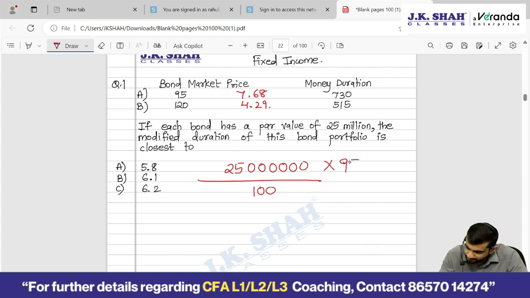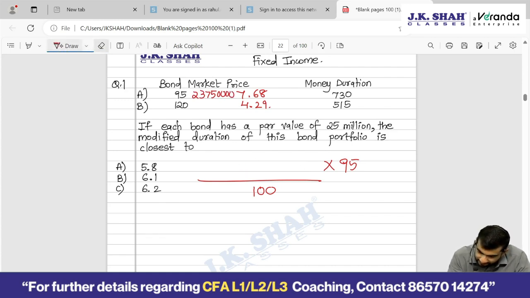The number of bonds times market price will give me the total market value of bond A. How much is that? 2375 followed by 4 zeros. Likewise, we do for bond B.